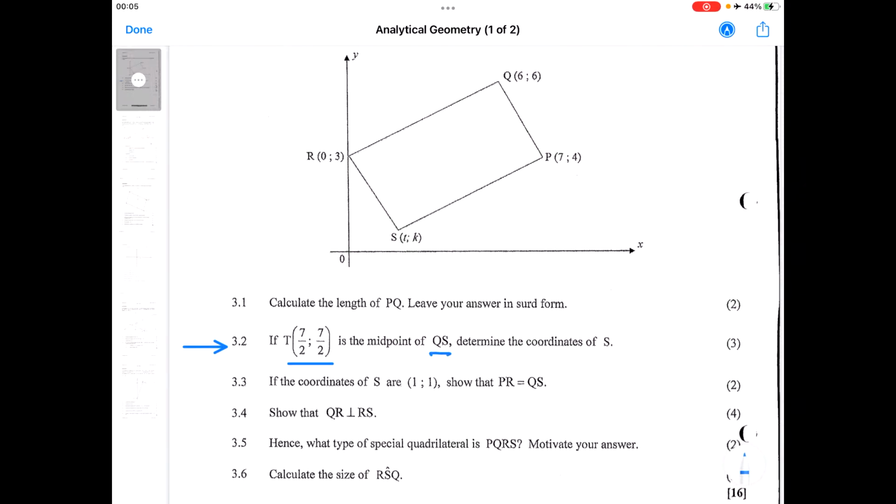Okay, now I see. There is Q and there is S. Determine the coordinates of S.